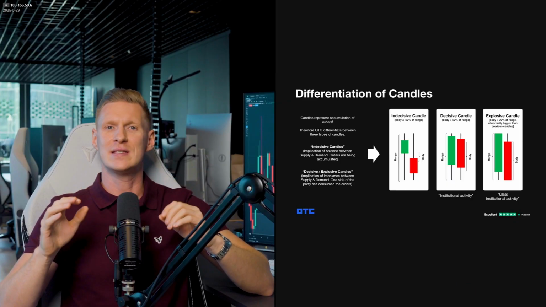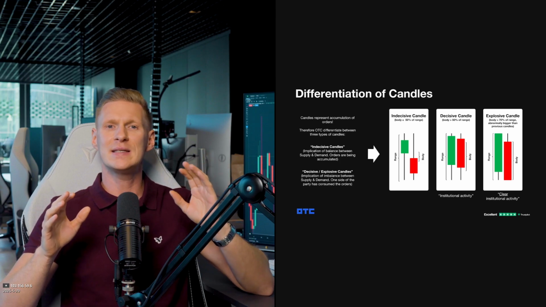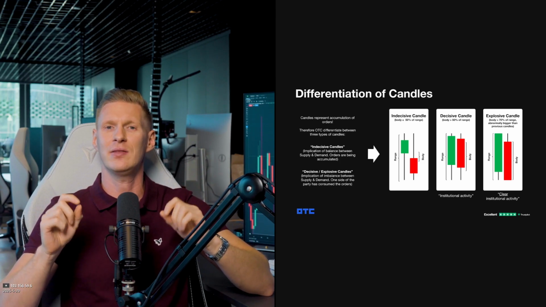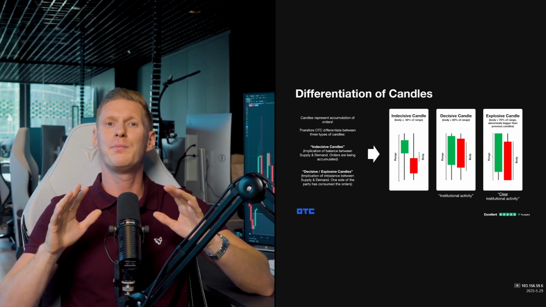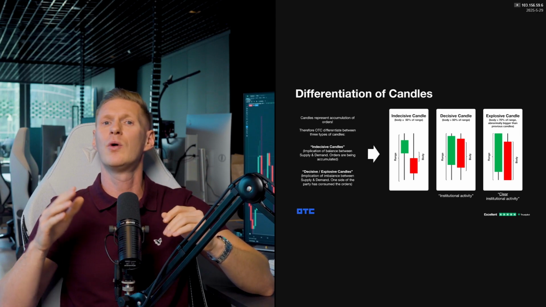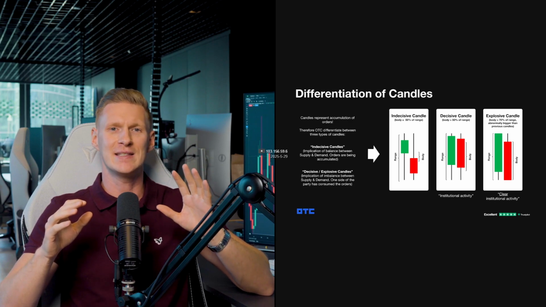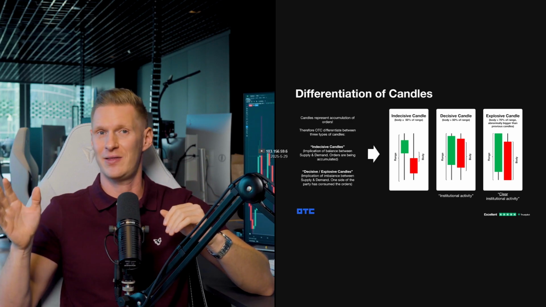When we relate these candle types back to supply and demand formation, we typically see indecisive candles in the base, indicating a period of balance, and explosive candles in the rally or drop away from that base, showing where one side has clearly overpowered the other.